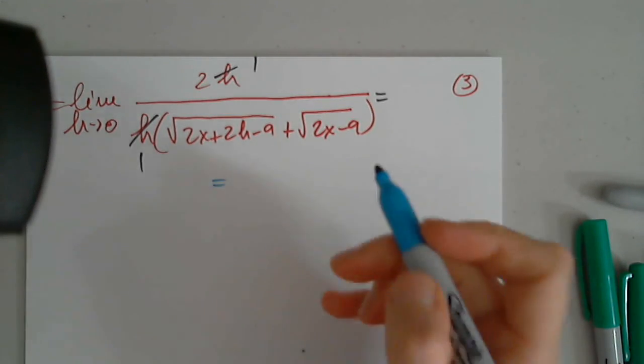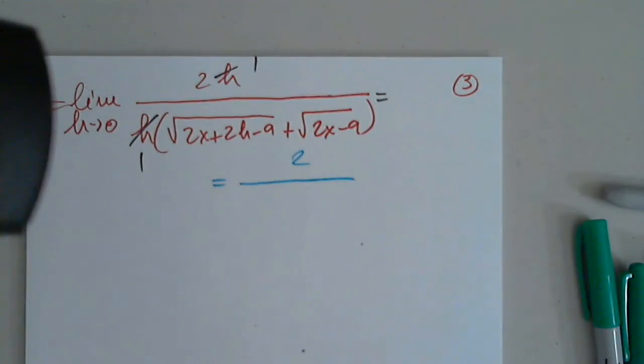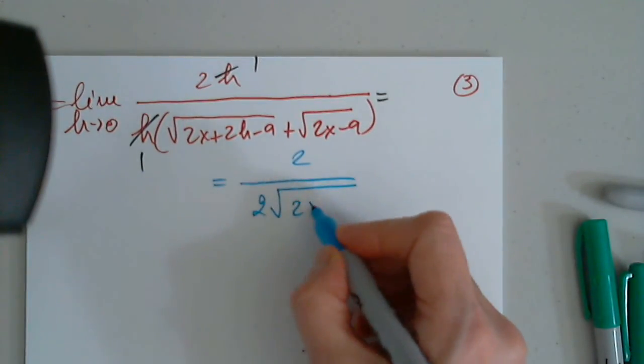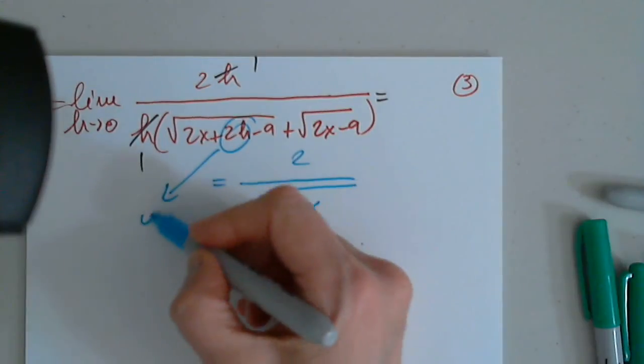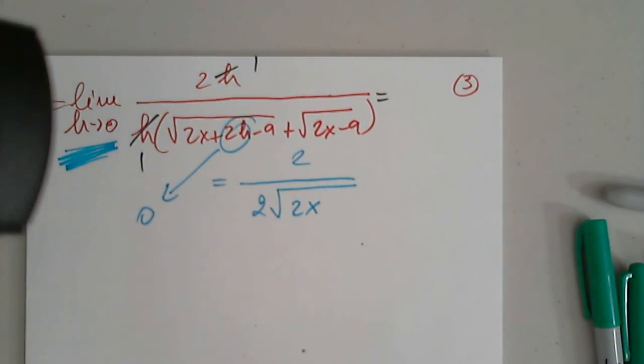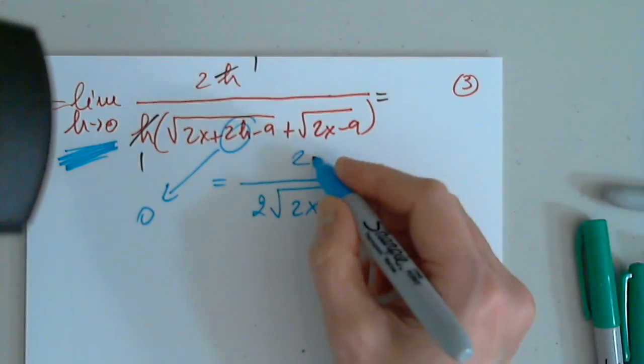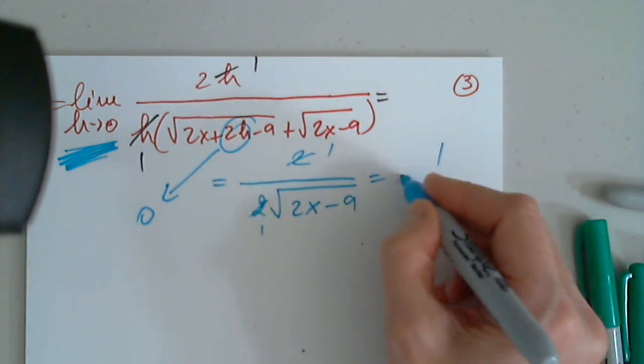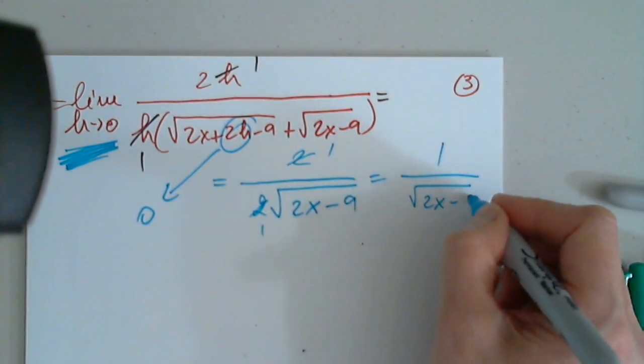It would be 2 over the square root of 2x plus 2h minus 9 plus the square root of 2x minus 9. But h approaches 0, right? Oh, right, my bad. Minus 9, and these will be simplified. So the answer is 1 over the square root of 2x minus 9.